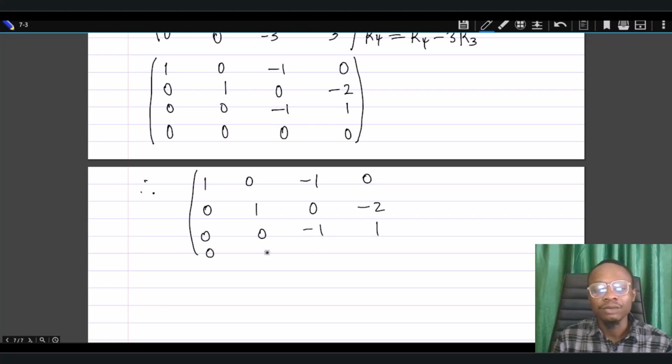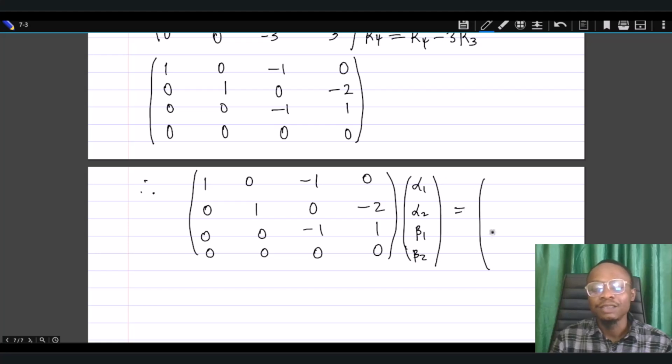Then we have 0 0 0 0. Then multiplying alpha 1, alpha 2, beta 1, beta 2, we know that is equal to 0 0 0 0. So with this, we are good to go.